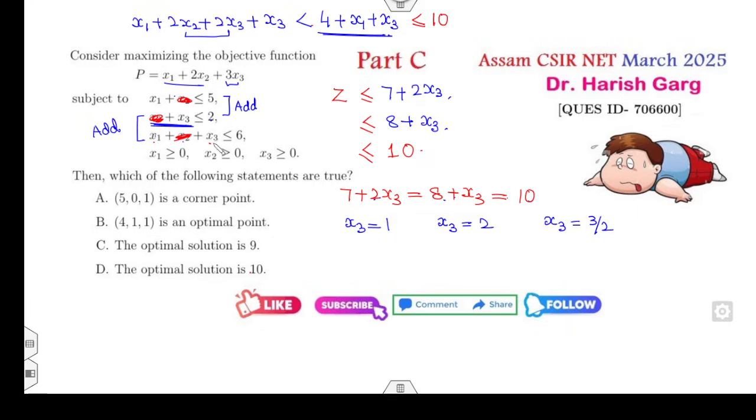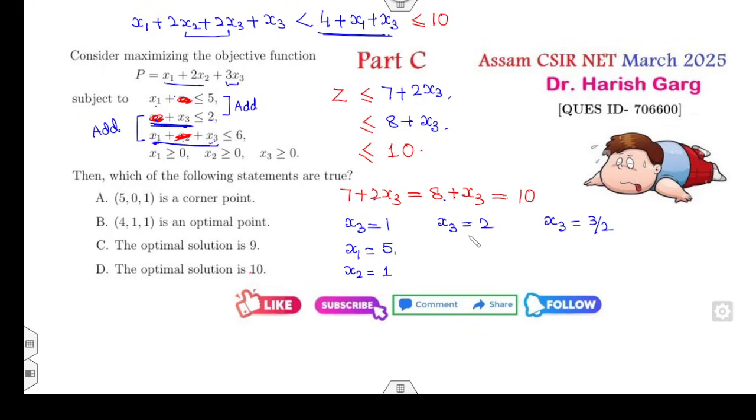If x3 is 1, I can choose x2 as 0, so x1 will be 5. Then x2 will be 1. Fine, but the constraint is not satisfied here.